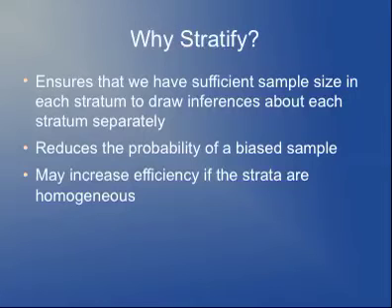If you want to know about the voting preferences of African Americans, you interview enough African Americans that you can draw some inferences about the population of African American voters as a whole. It also reduces the probability of a biased sample if, when you do your survey, no African Americans pick up the phone and you end up with a sample that's too white or too affluent or something like that.